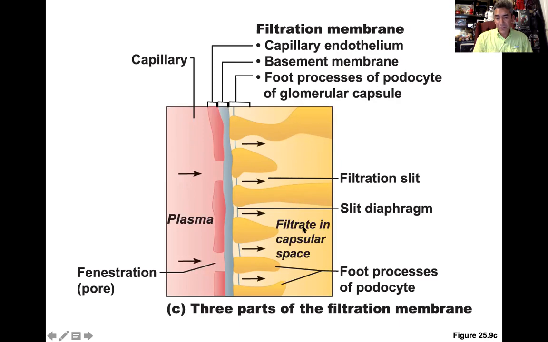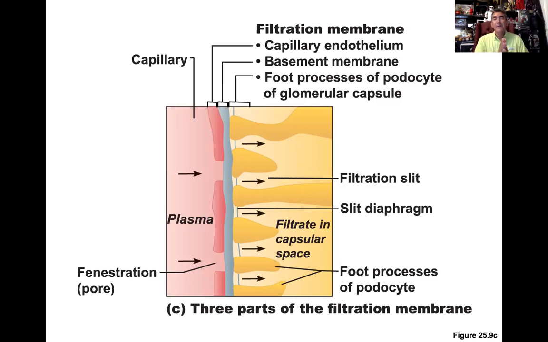Now another term change. If I'm liquid in the blood vessel, I'm called plasma. If that liquid gets pushed out into the capsule, I am now termed as filtrate. So it's very similar to plasma, except it's not in the blood vessel.